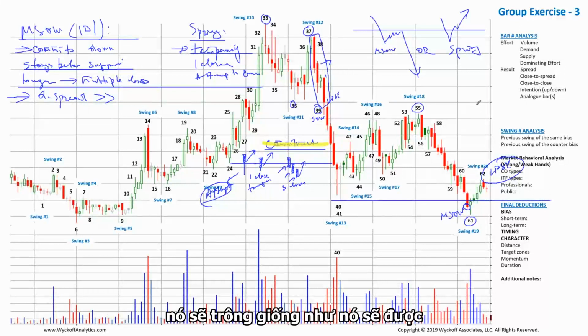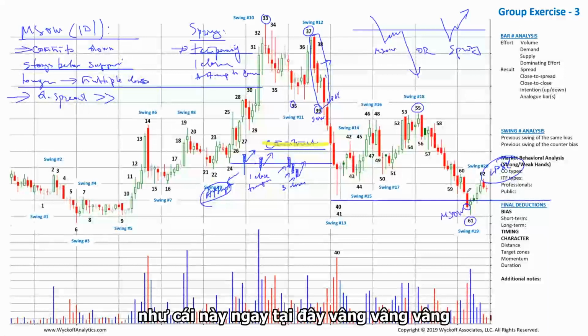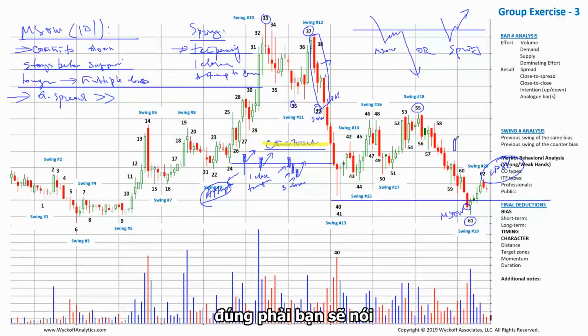It looks like it would be around the size of the major sign of weakness bar. Like this one right here? Yeah, probably something like this, to the downside. So this would be an average down bar.